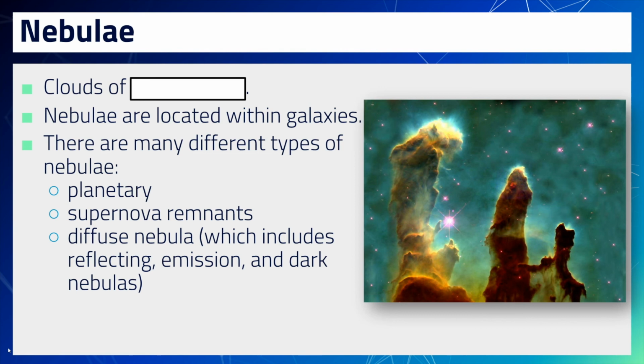Next thing is nebulae. We've mentioned this already. We have a bit of an idea. We can have planetary nebulae, which are part of the life cycle of the star towards the end of smaller stars, or we could have stellar nebulae, which is right back at the start of the life cycle of the star. But generally speaking, they're always clouds of gas and dust. They're found within galaxies, and so you have a few different kinds.